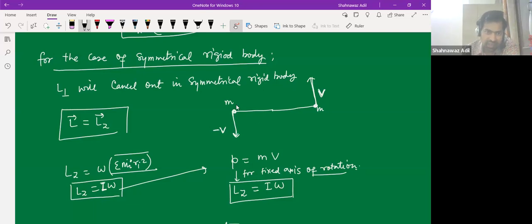So these two will cancel out. So L perpendicular will cancel.